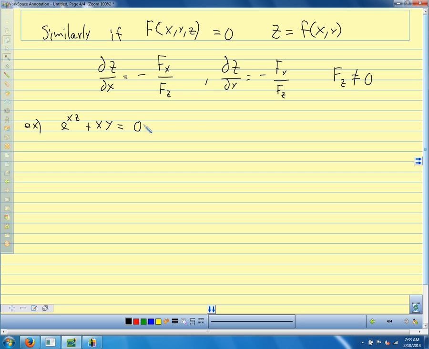And we want the first partials of z. So here z is implicitly a function of x and y. So when we want the first partials of z, we want dz dx and dz dy.